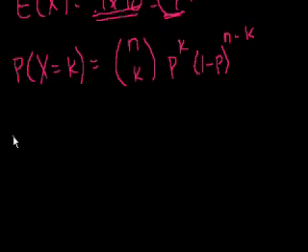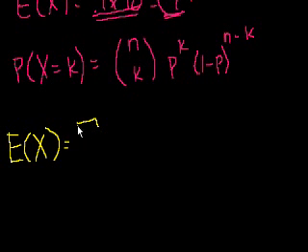So how would I write that? The expected value of x, the expected value of our random variable that's being described as a binomial distribution, is equal to the sum, and we're going to sum over all of the values that k can take on, right? So k can start at 0, in the basketball version I make no shots, all the way to n, which means I make n shots.